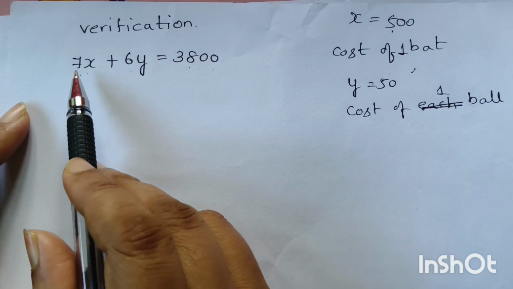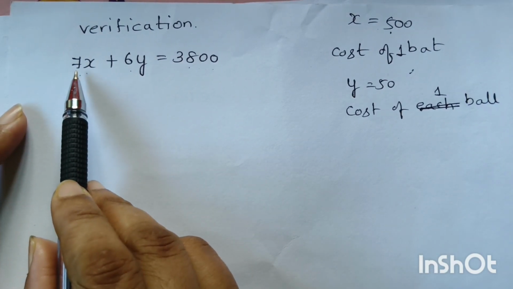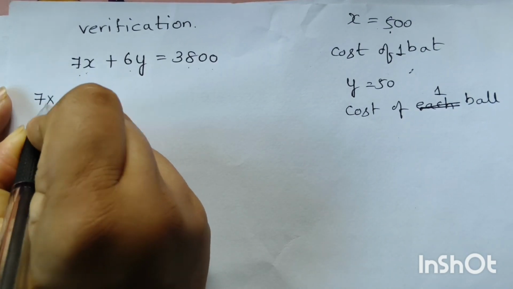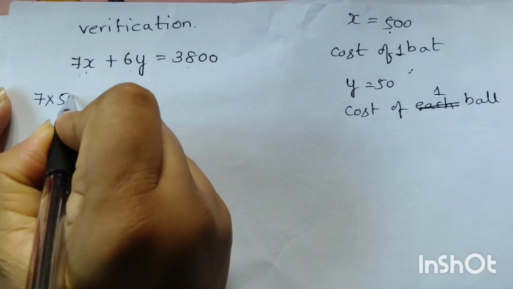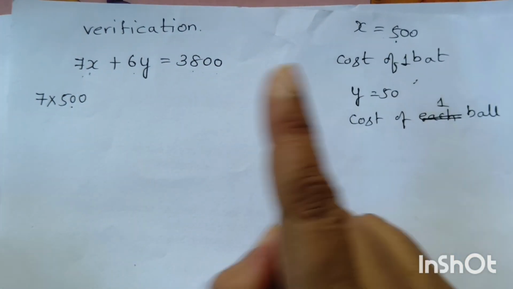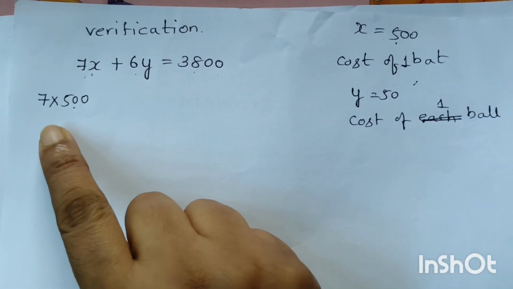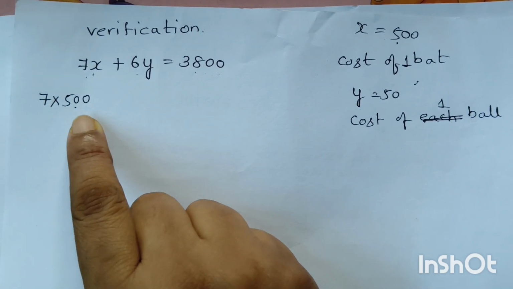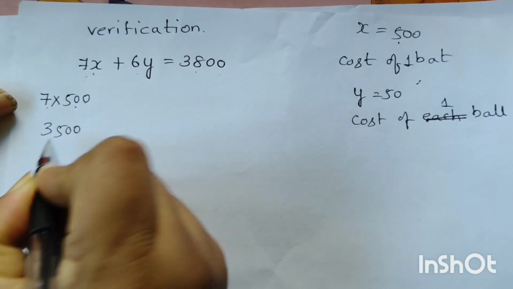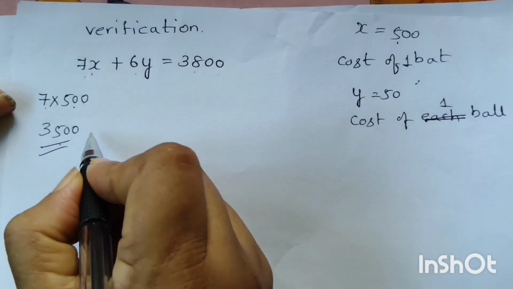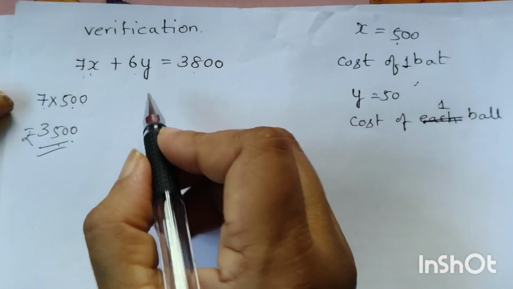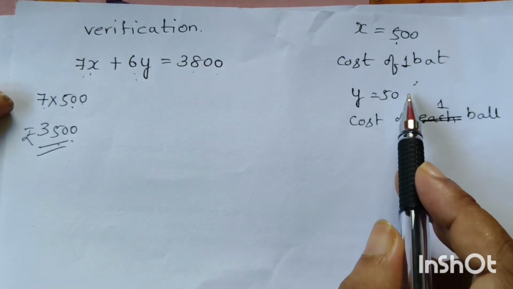But the cricket coach will purchase 7 bats. Therefore what will we do? 7 into 500. 500 rupees is for one bat. But how many is he purchasing here? 7 bats. Therefore 7 into 500 is how much? 3500, right? For 7 bats we have to pay 3500 rupees, and for one ball 50 rupees.